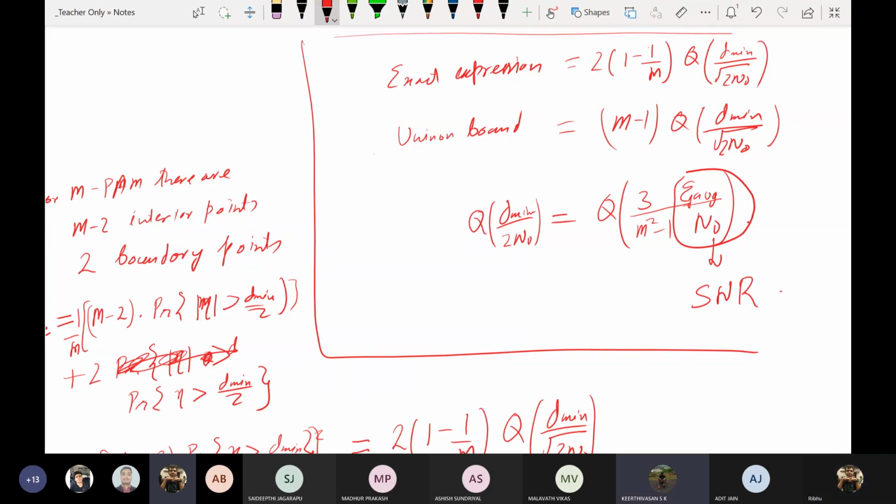So when you look at a constellation, the only thing you have to see, to know how good or bad it will perform, is the minimum distance between any 2 points. That is the final test for a constellation.